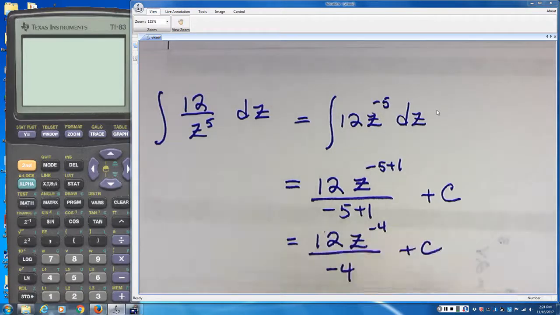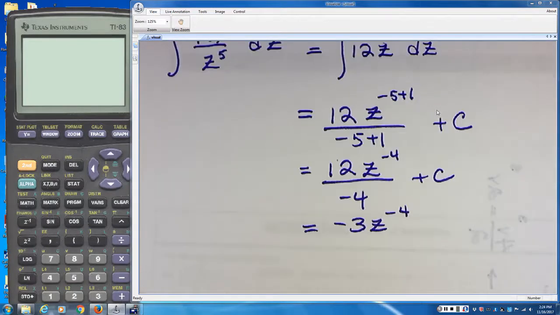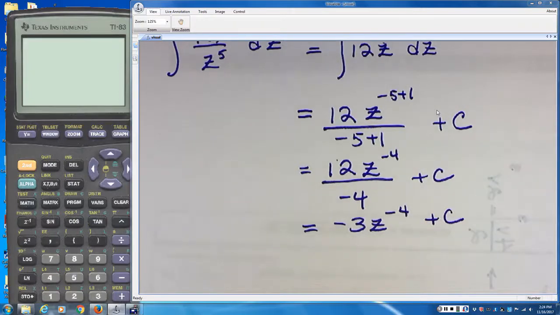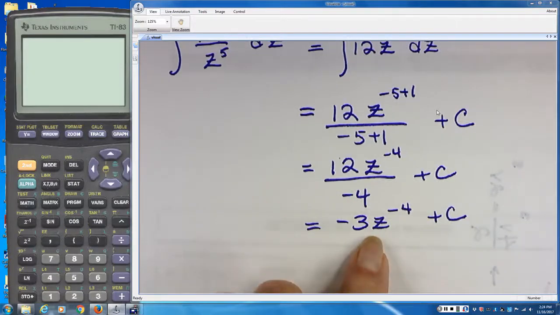And negative 4 goes into 12 negative 3 times. So that's negative 3 z to the negative 4th, and again, that's plus a constant. And probably the book would go on to the step of putting that z in the denominator and saying that's negative 3 over z to the 4th, but I don't care if you do or not. Because at this point, you've done all you need to do.